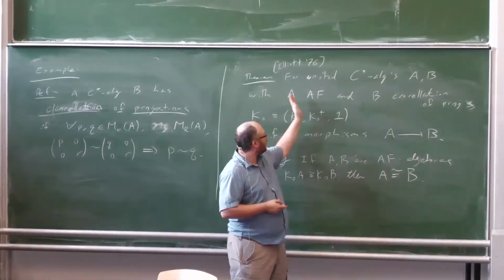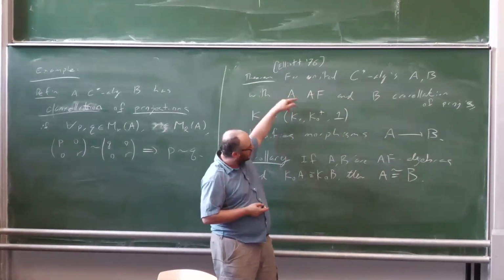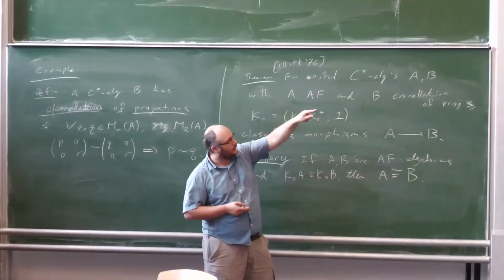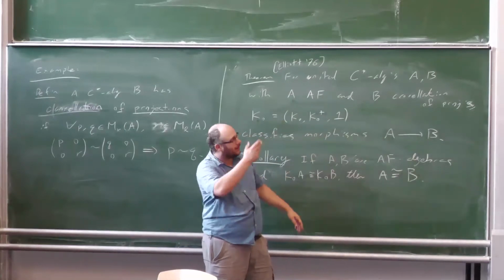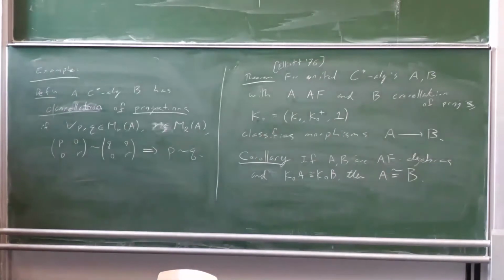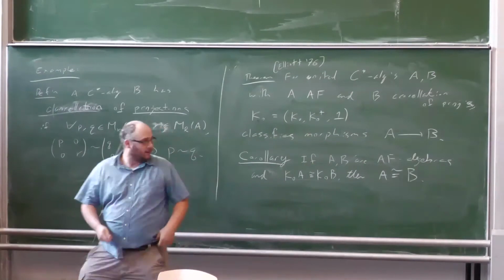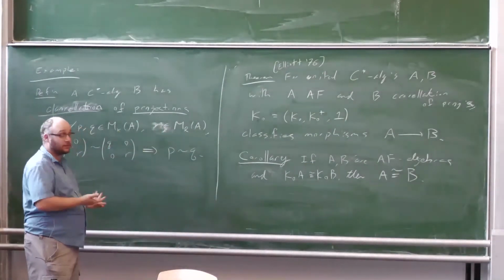So you can classify the morphisms from A to B, from B back to A, from A to itself, and from B to itself, and then run this two-sided intertwining argument to get the isomorphism. It wasn't stated in this formalism, but this is exactly how Elliott originally got the classification of the AF algebras. And this is basically how people have been proving classification ever since.